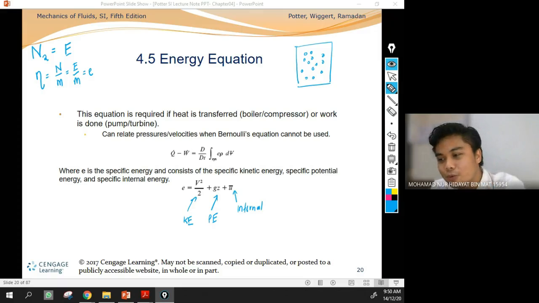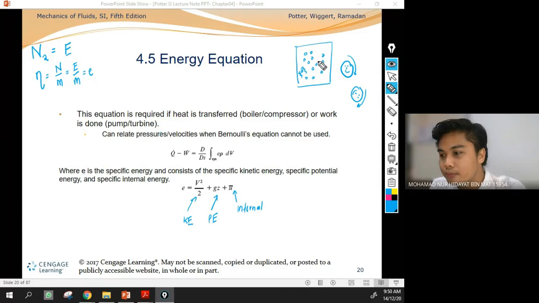So the particle will vibrate. And then the particle will rotate. This is a particle, and it will rotate. The particles inside here will vibrate, rotate, and collide.